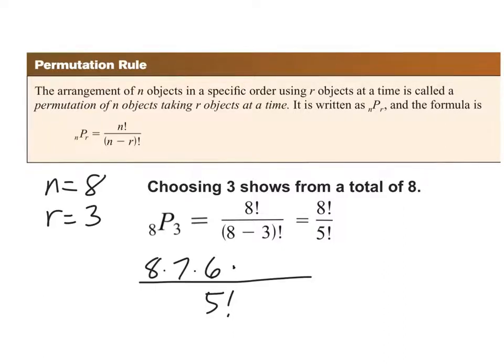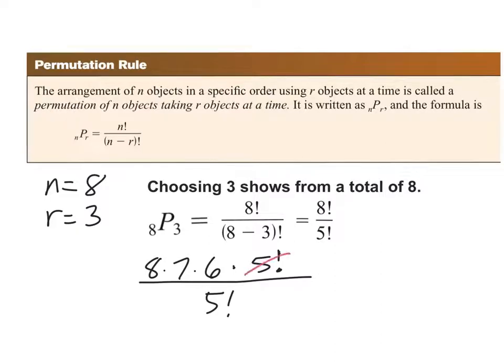Well, what is 5 times 4 times 3 times 2 times 1 in factorial? 5 factorial. So this is really 8 times 7 times 6 times 5 factorial. It's the same thing, right? It's still 8 on down to 1.